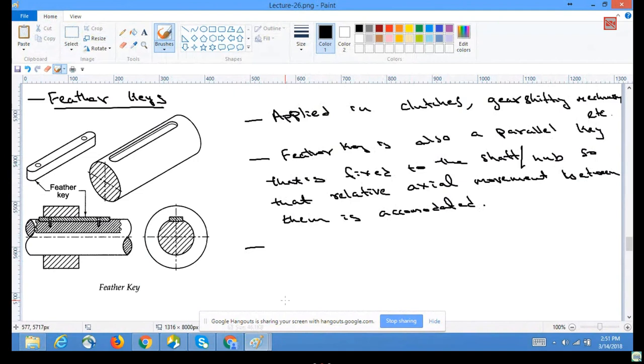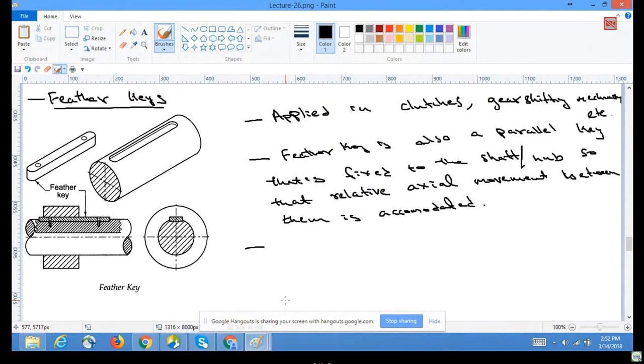This is essentially required because sometimes you cannot have a fixed kind of keyway. So in real applications, you see such things which require both axial as well as rotational flexibility.